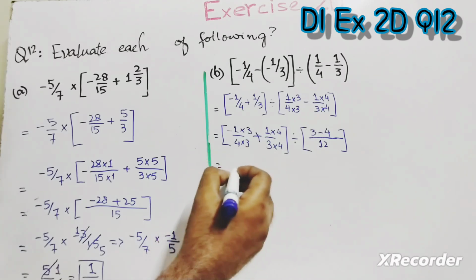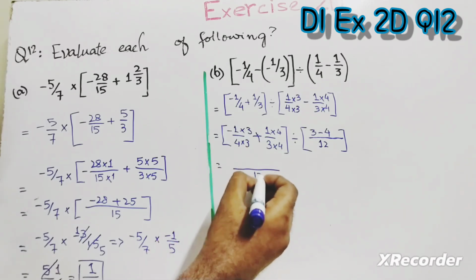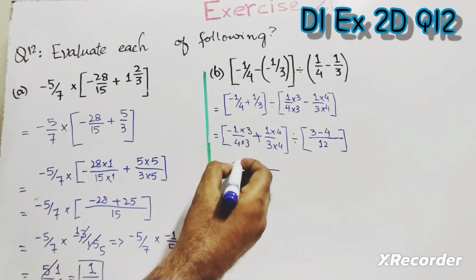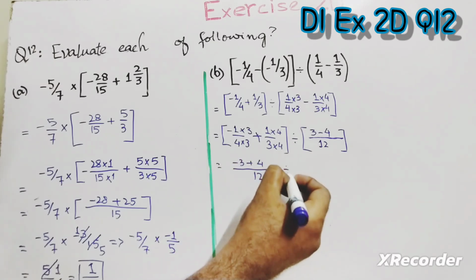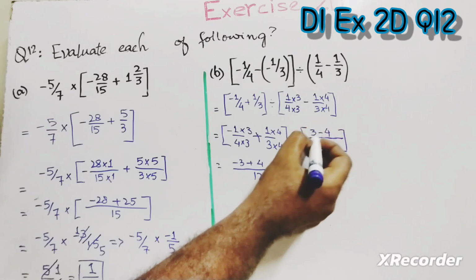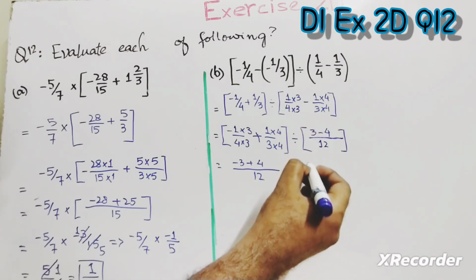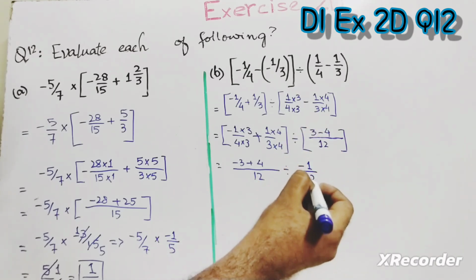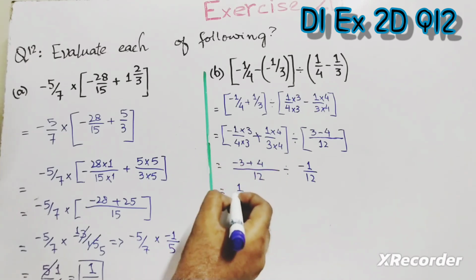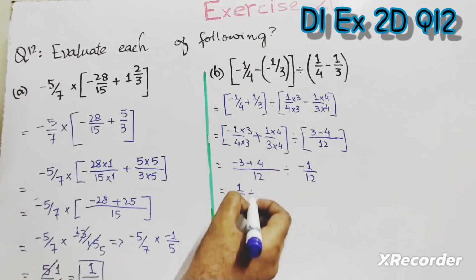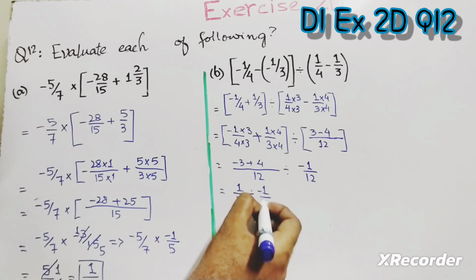In this case, we can write 12 as a common denominator, minus 3 plus 4, divided by 3 less 4 is minus 1 upon 12. Minus 3 plus 4 is 1 upon 12, divided by minus 1 upon 12.